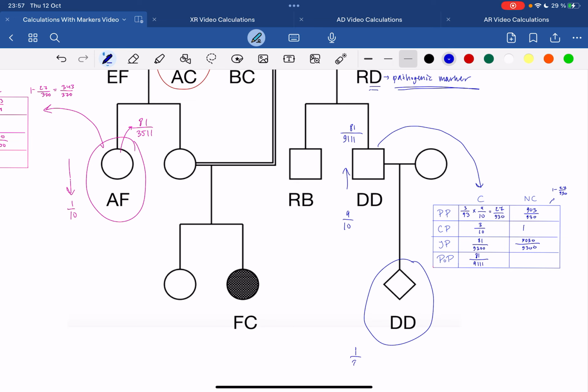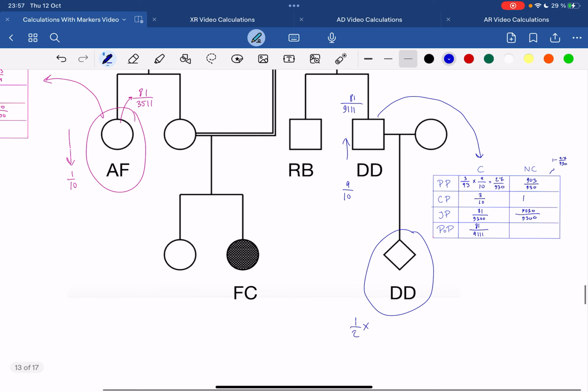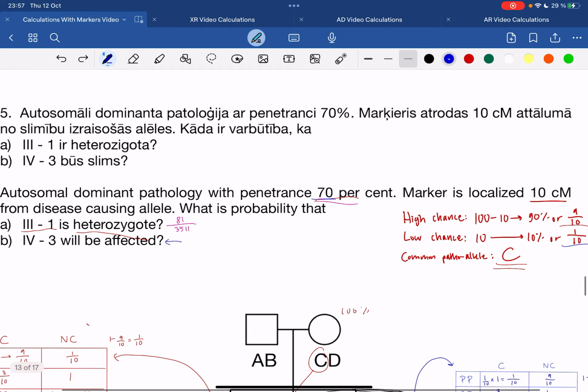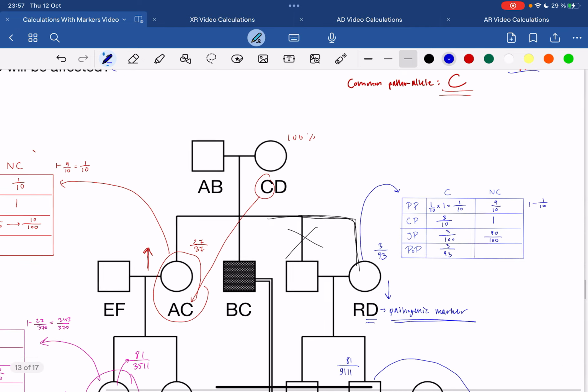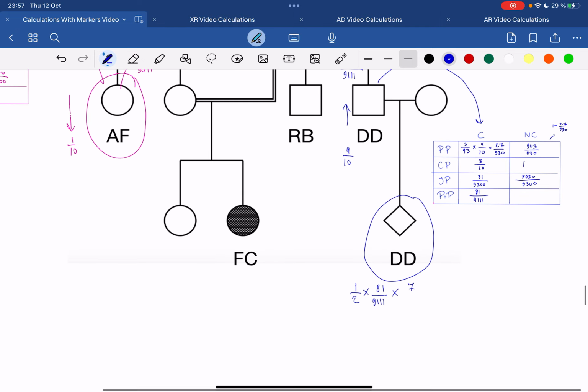So it would be 1/2 times the chance for the father to be a carrier, which is 81 over 9111, times the chance for the child to be affected, which means he has to be part of the penetrance of 70%. So 7 over 10.